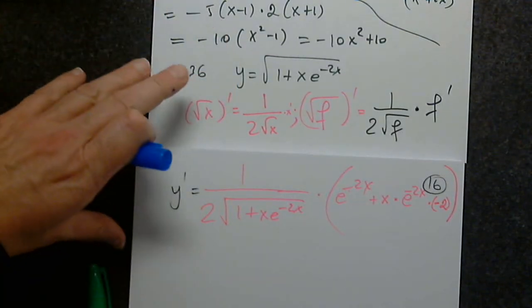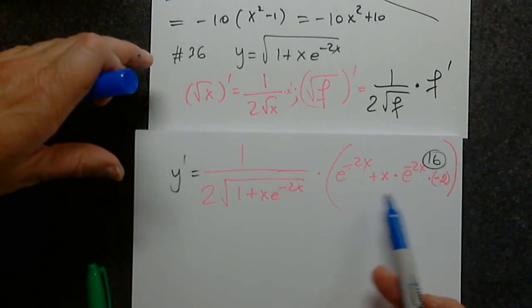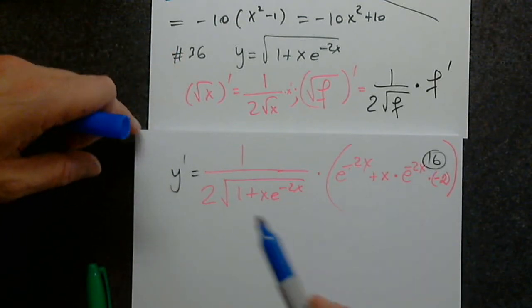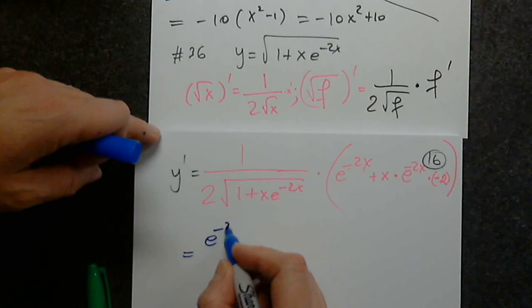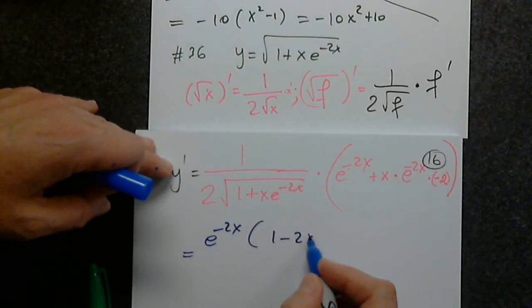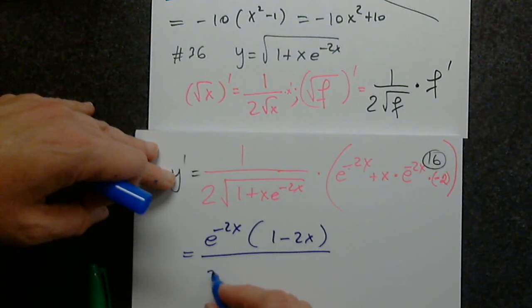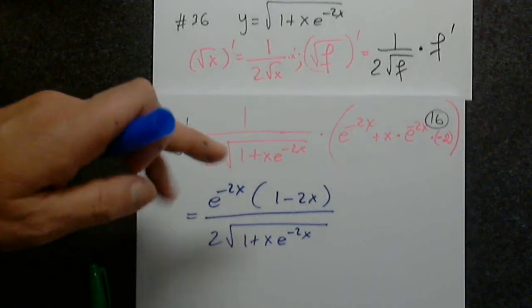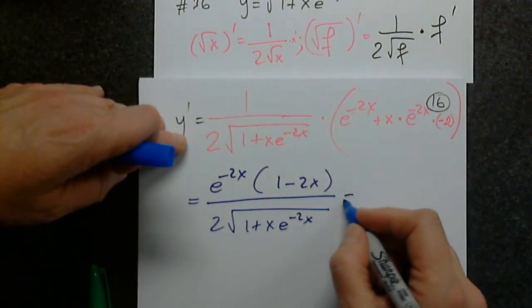Okay, let's try and simplify a little bit. What do you think I'm going to do here? Yes, e to negative 2x. And then I have 1 minus 2x over 2 the square root of 1 plus x e to negative 2x. You could bring this down if you wanted to.